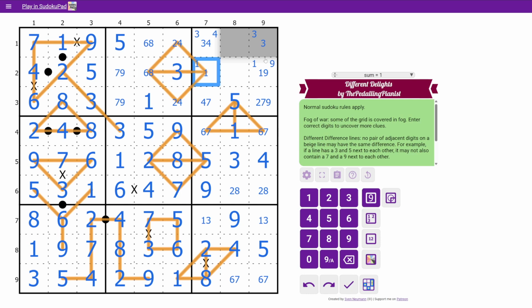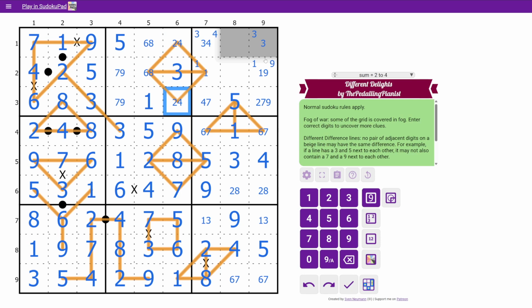It could not be a 1 difference. If this was a 3, alright, well, it is a 3. If this was a 6, it'd be a 3 difference, a 2 difference, and a 4.